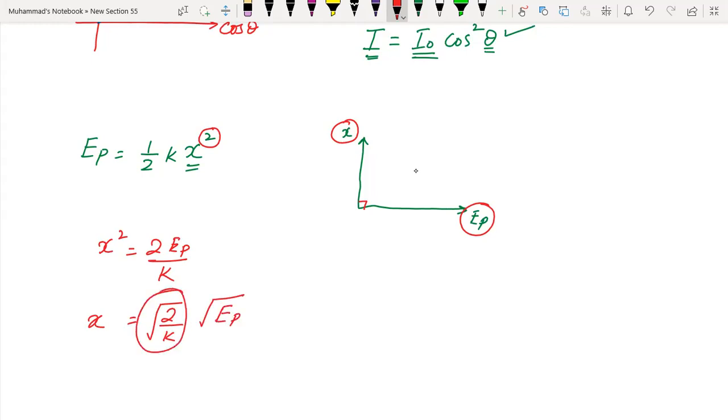This whole stuff is constant, and you can easily say that x is directly proportional to the square root of EP, and the graph between EP versus x is similar to y is square root of x. If on the y-axis you plot y, on the x-axis you have x, then the graph will be like this. This is again a very important situation.